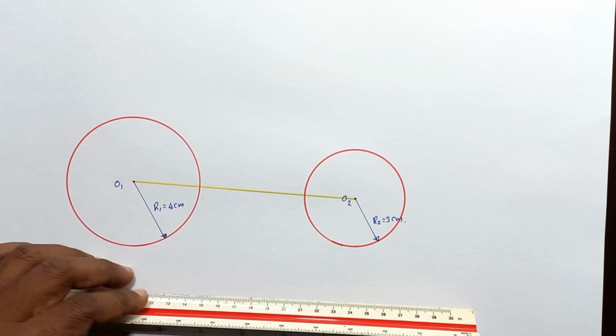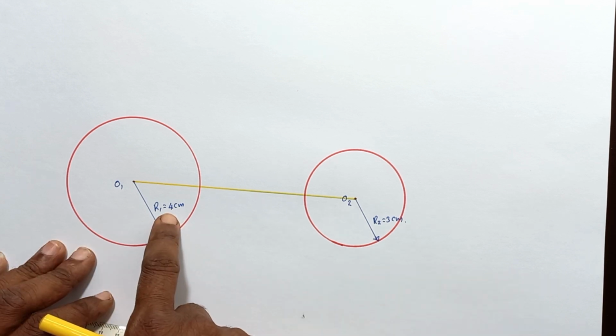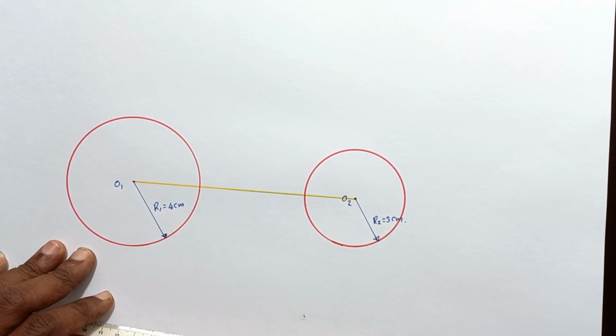Then you have to draw a circle by taking the radius as R1 plus R2, 7 centimeter.